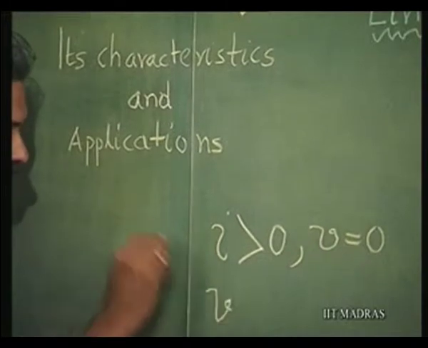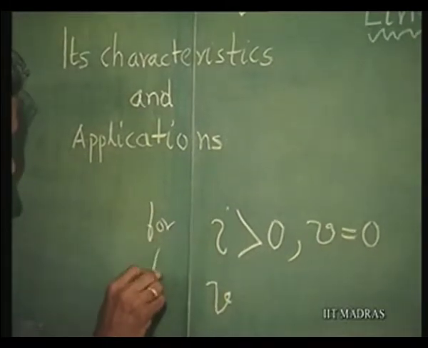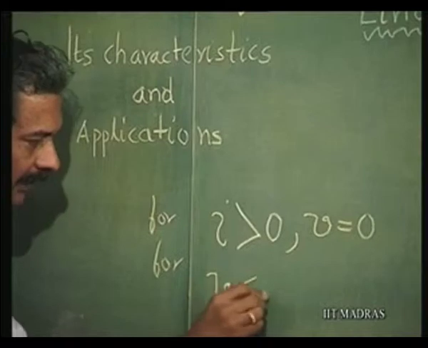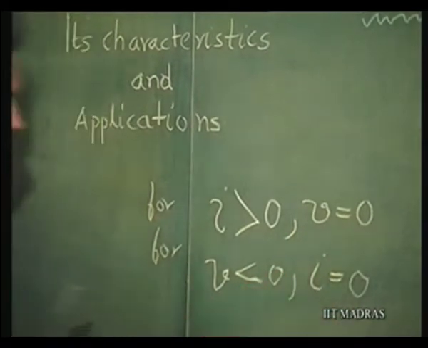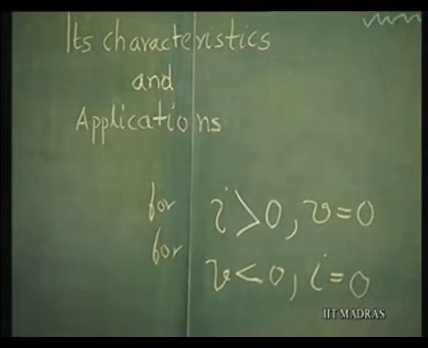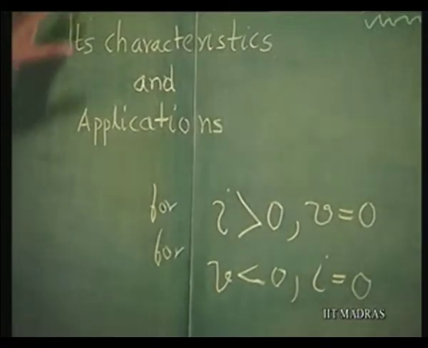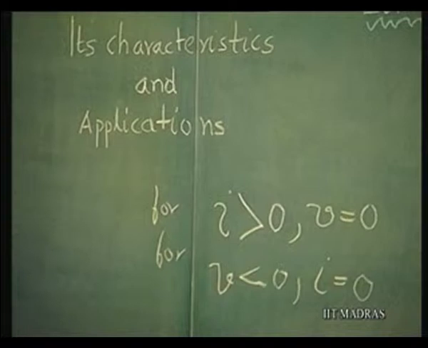For V less than 0, I was equal to 0. So, this is the characteristic of the ideal diode that we have mentioned.